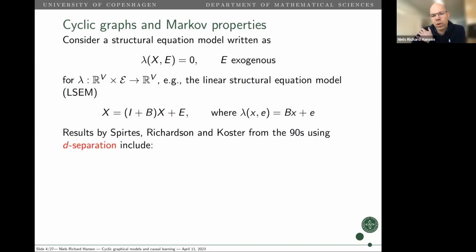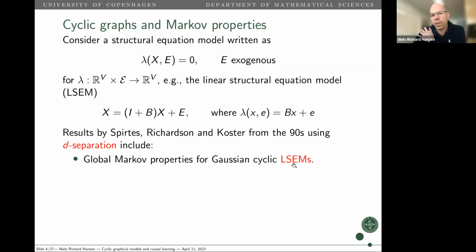Early results, if you go back to the 90s, by for instance Spirtes, Richardson and Koster, used d-separation, because you can of course look at the graphs that come out of this using d-separation and discuss the separations, even if there are cycles. Some of the results include global Markov properties for Gaussian cyclic linear structural equation models.